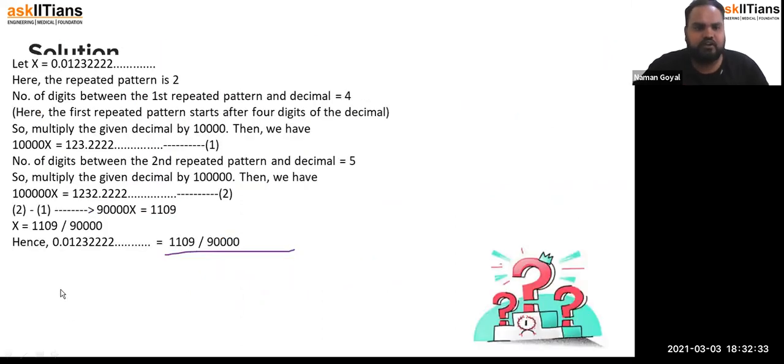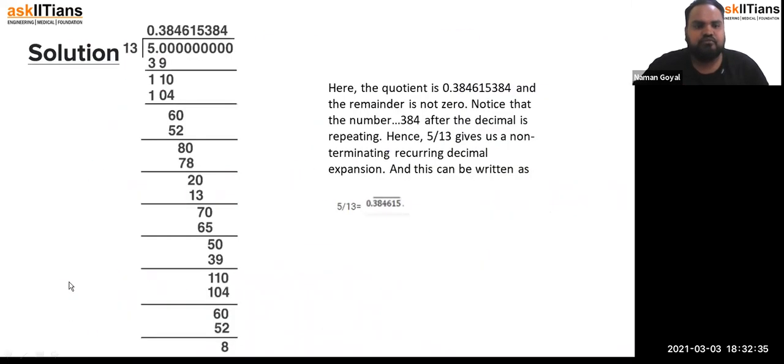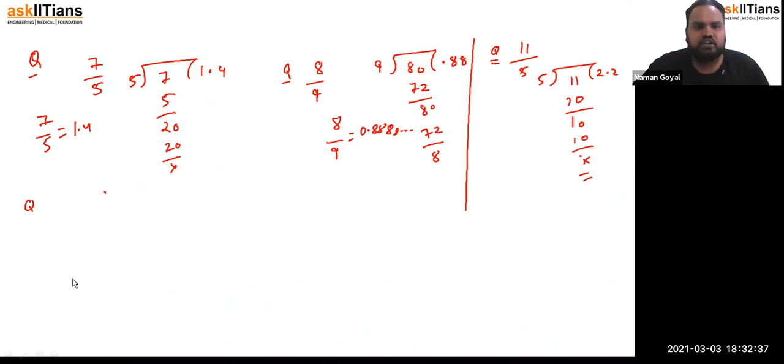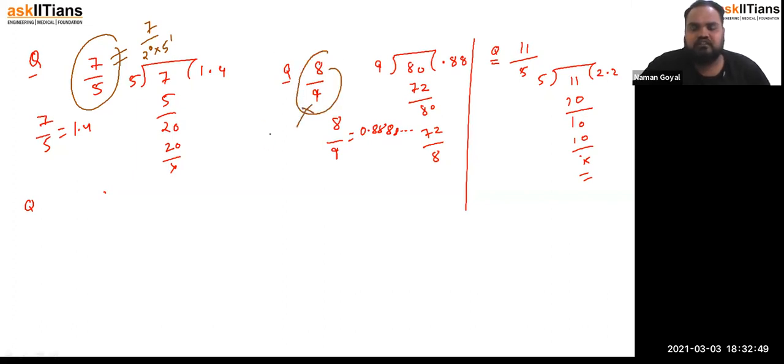The examples we took in previous slides, let me show you, which are terminating. Now see, 7 by 5 can be written as 7 upon 2 raised to power 0 into 5 raised to power 1. 11 by 5 can be written as 11 by 5 raised to power 1 into 2 raised to power 0, right?